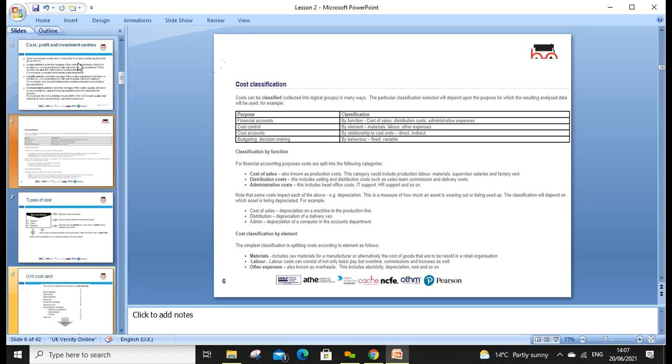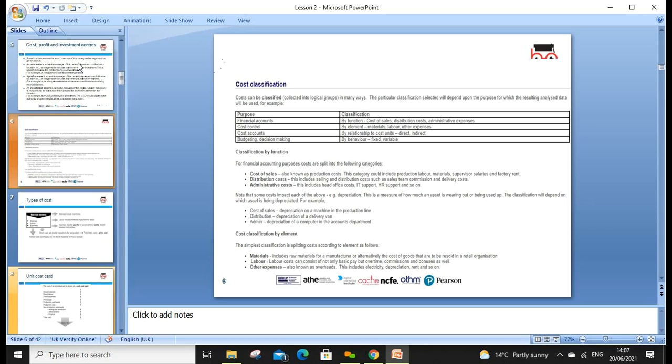For classification by function, for accounting purposes, costs are split into categories. Cost of sales is known as the production cost and could include labor, material, salaries, factory rent. Distribution costs include the sales team commission and delivery costs. Admin includes the office cost, IT cost, HR support, and so on.